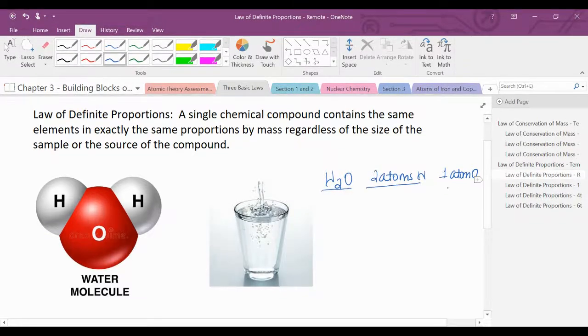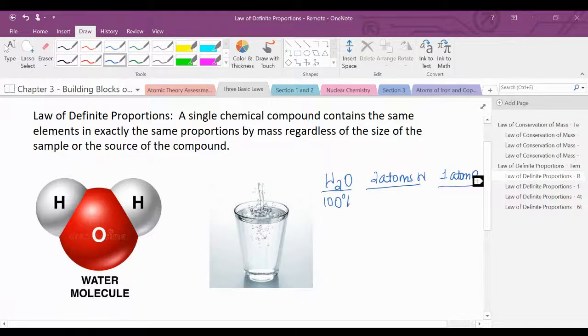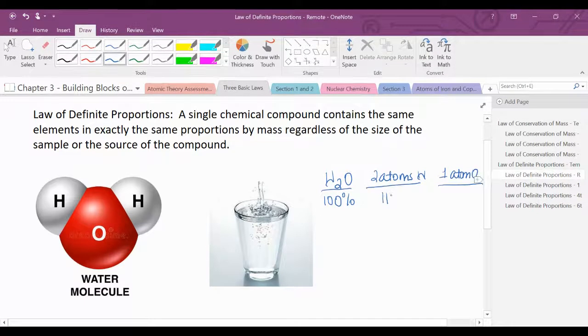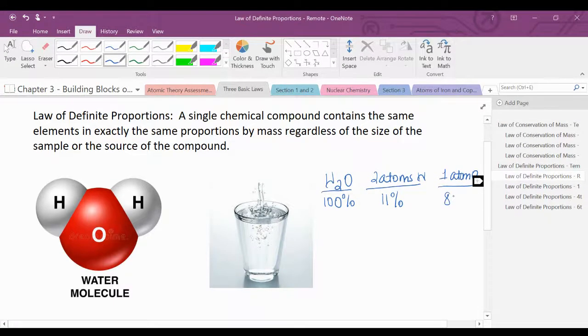And so if I have 100% water, 11% of that would be my two hydrogen atoms, and 89% of this would be my one oxygen atom.